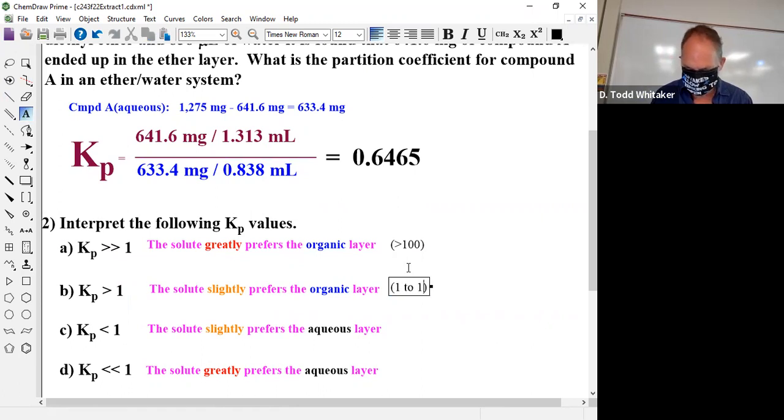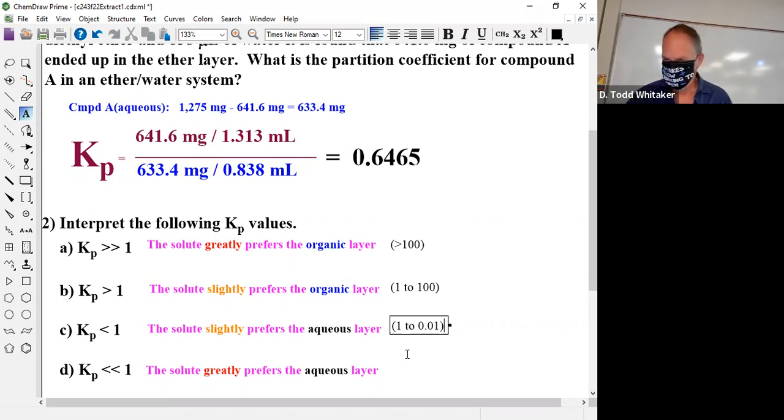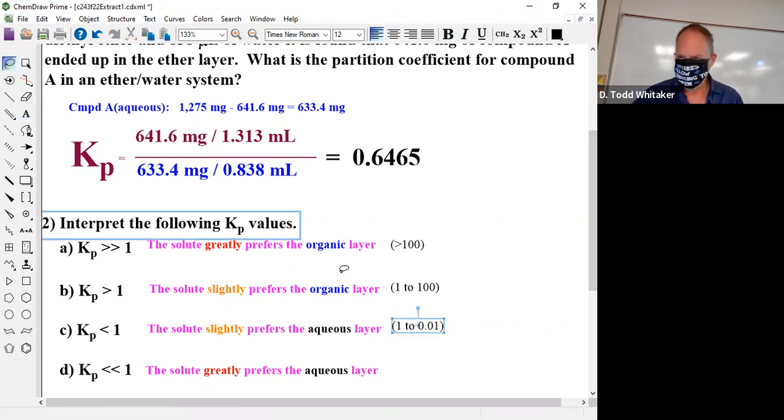1 to 100. And this would be 1 to 0.1. You're going in the other direction, right? 0.01. That's 1 over 100, right? 0.01. Going the other direction. We're interpreting KP values.